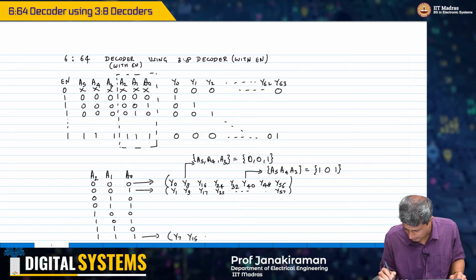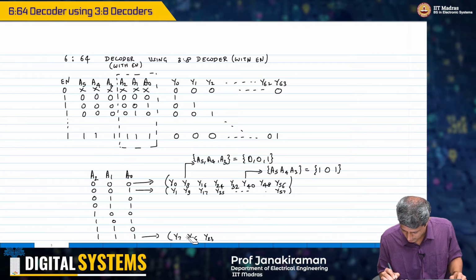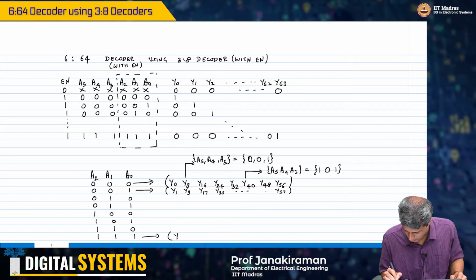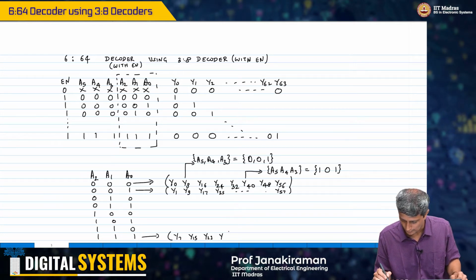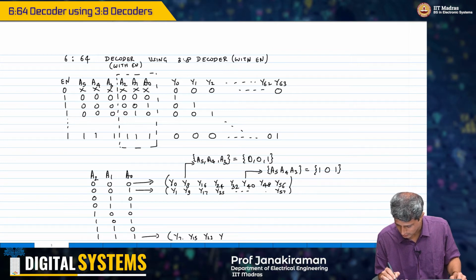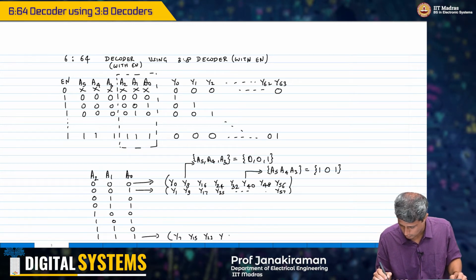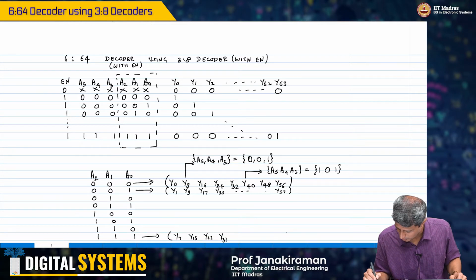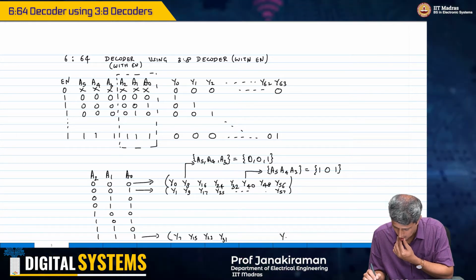Finally, if you look at this, it will be Y7, Y15, Y23, 16 plus 7, 24 plus 7 is 31, all the way 57 plus 7 should be Y63.